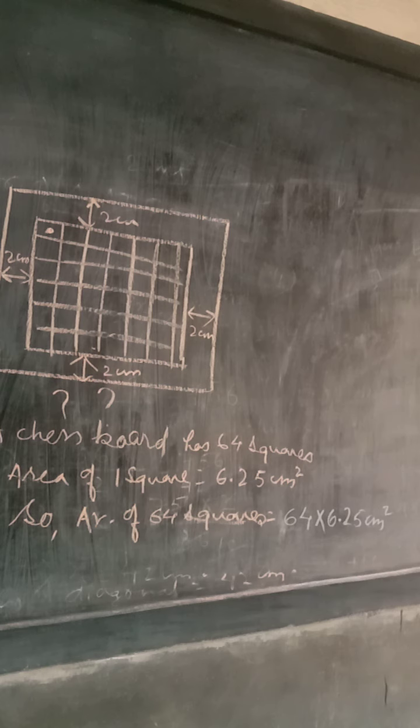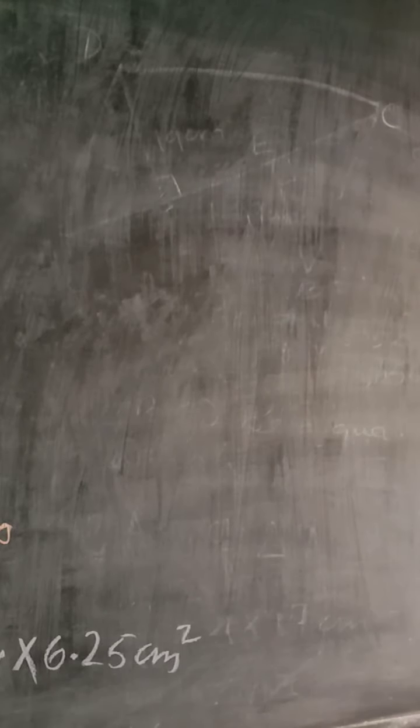Now once we have the area of this drawing section, we can get the side of this drawing section where the squares are drawn.